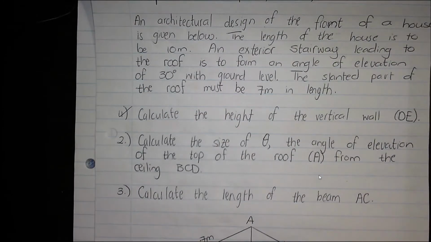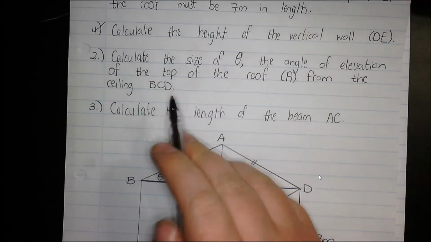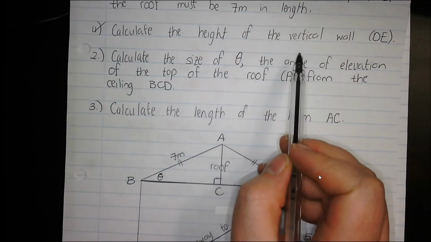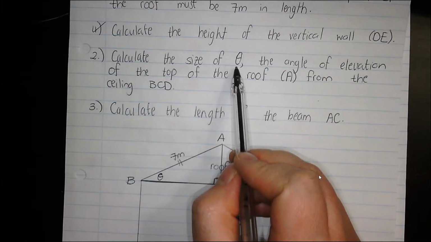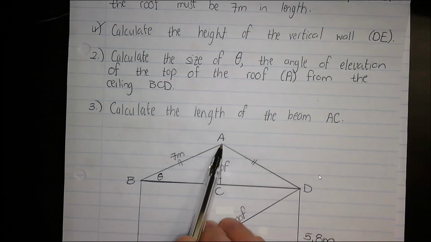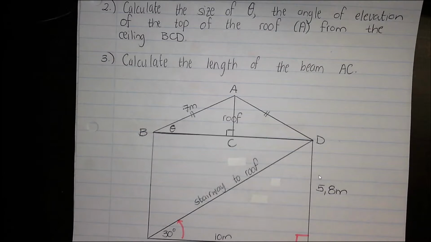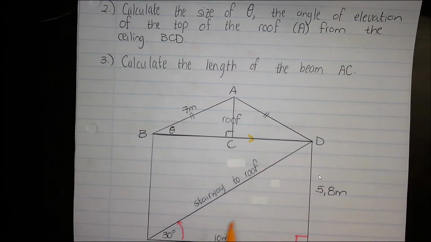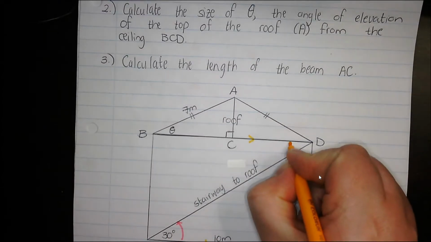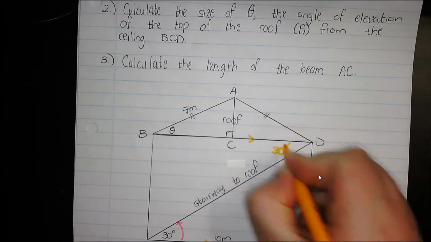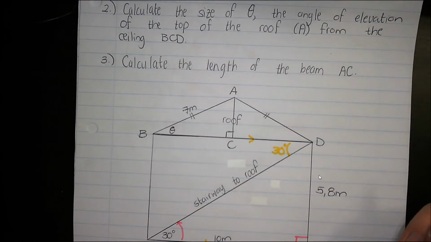Question 1 done. Now we want to calculate the size of theta, the angle of elevation of the top of the roof, A. So that's the top of the roof. We want angle theta from the ceiling. So over here, the first thing that I want to do is just double check this. This is obviously parallel to that. So this is going to be 30 degrees.